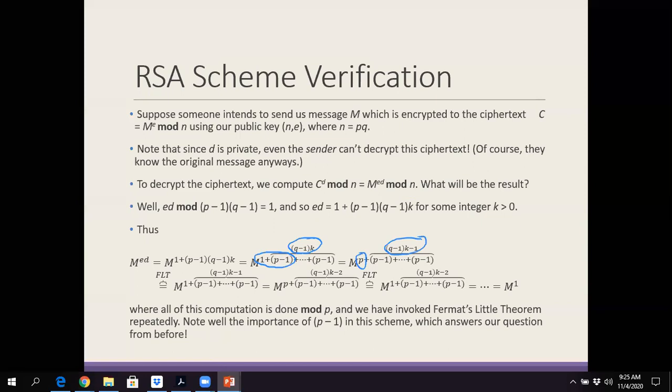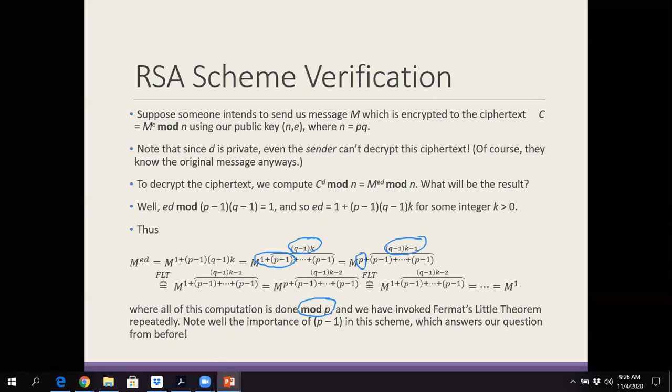Well, what is M to the P if I take that? Okay, look, I'm actually going to work mod P. Why? Because I know Fermat's theorem, don't I? Fermat's theorem says M to the P is the same as M modulo P. Does that make sense?